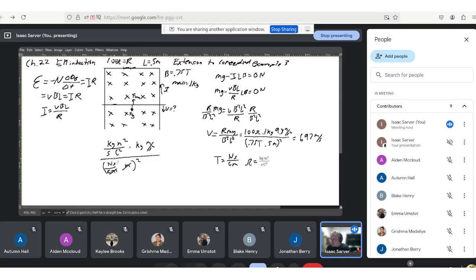This inverse Coulomb squared cancels with this inverse Coulomb squared. And then what? We need to be making a Newton squared out of stuff. So this second comes up to here and makes a squared here. And then this is a Newton. And that is a Newton. We'll cancel with that Newton.